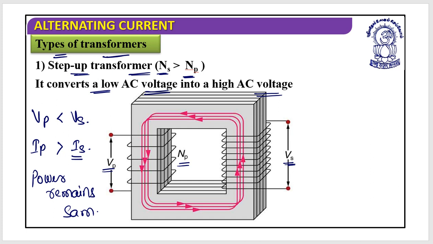You should keep in mind that if you want a higher voltage on the secondary side than the primary side, you are going to increase the voltage. But when you increase the voltage on the secondary side, you are ultimately going to decrease the current in the secondary side.